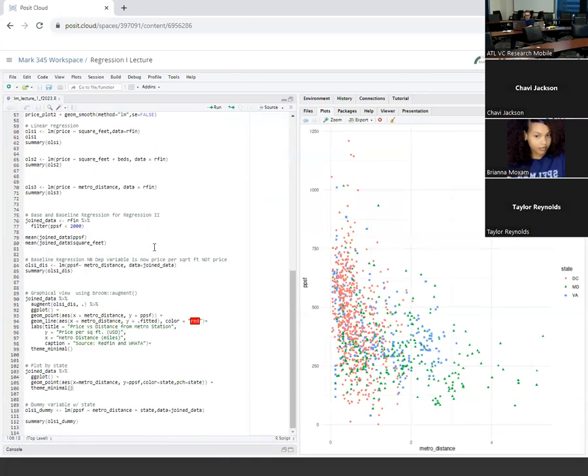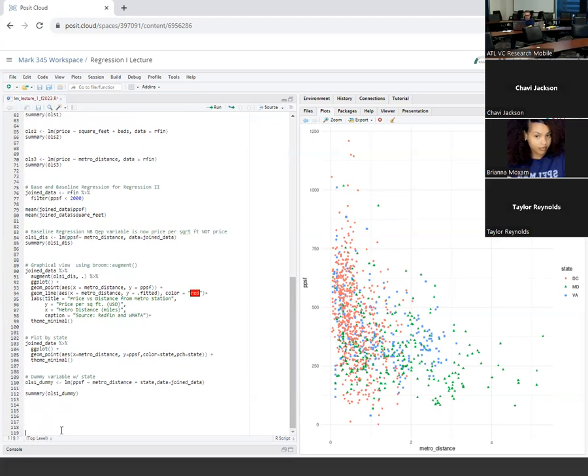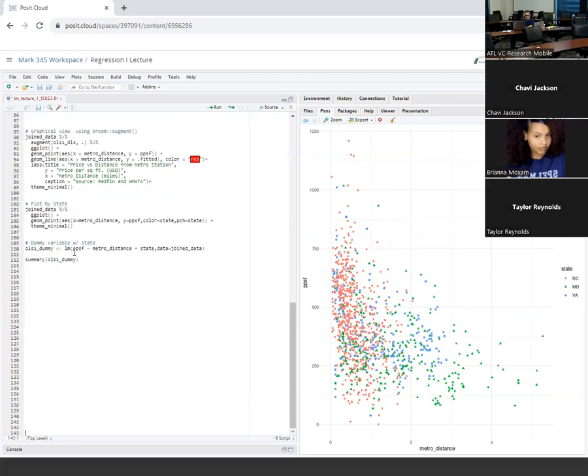I've already typed it in here, so it's here starting on line 110. So I can see it.